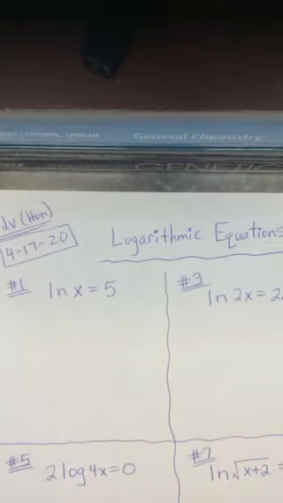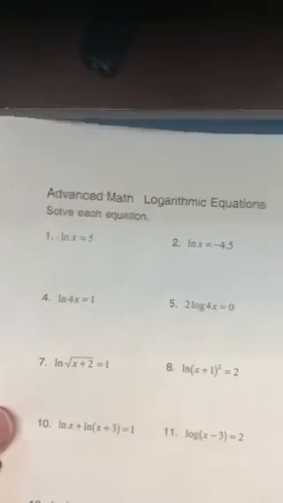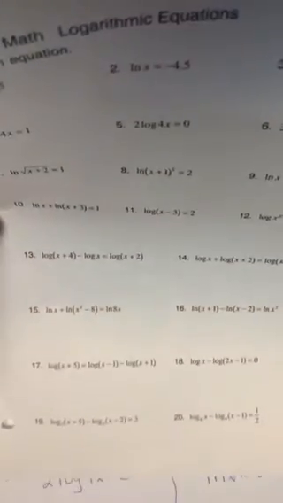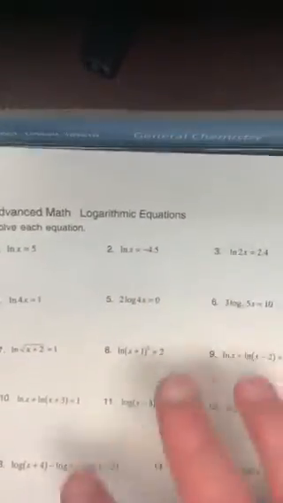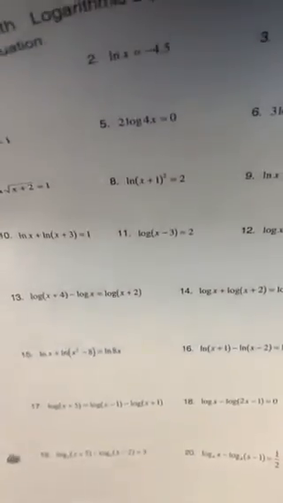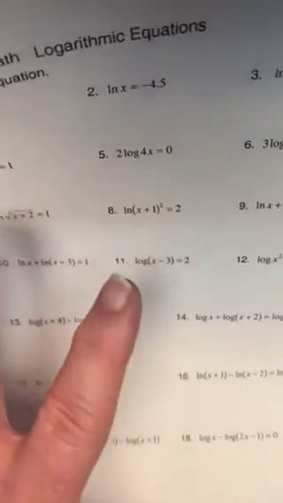Now, when you look at the worksheet, it'll be titled 417 and 420 worksheet. I'll show you a shot of it real quick here. There are, I believe, 20 questions on this. If you scan this worksheet over, every single one of the 20 questions has a logarithm in the equation.